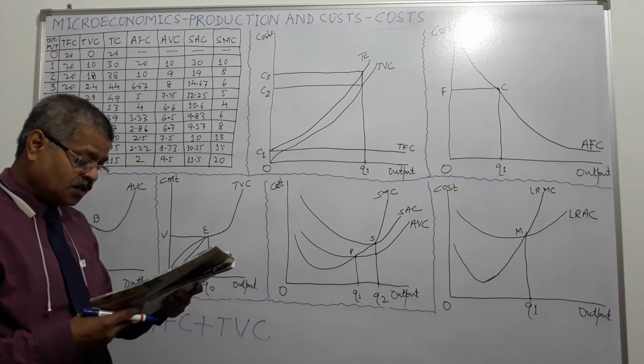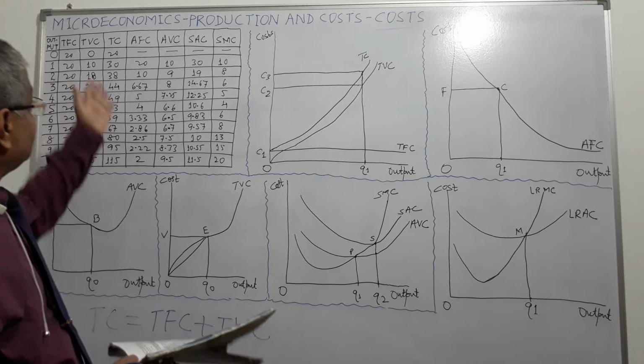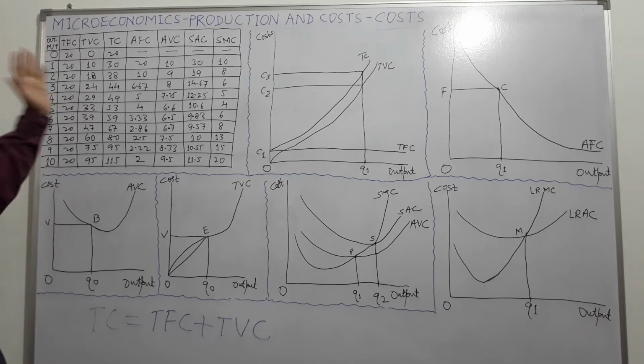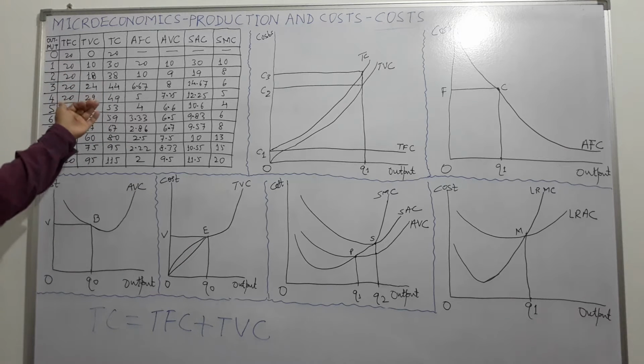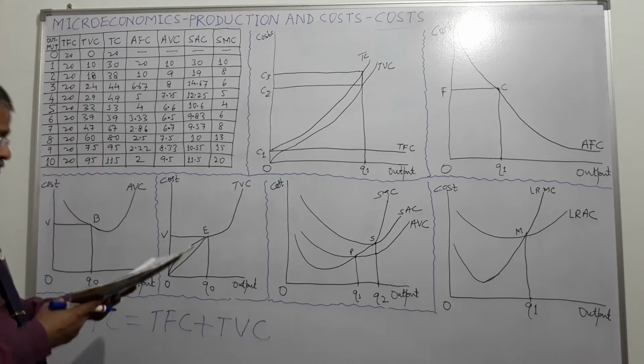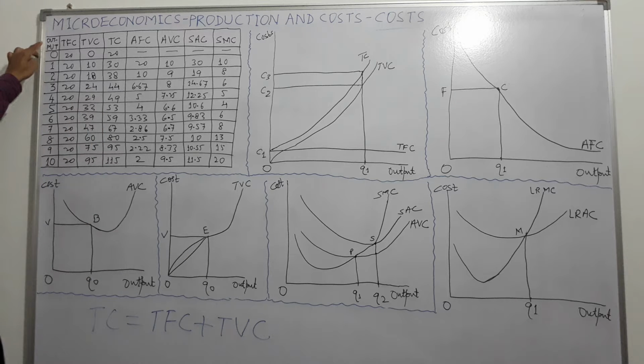Okay. Now we will go to this example. If you can understand this example, then everything becomes easy. Here you will find output 0 unit, 1 unit, 2 units, up to 10 units. Total fixed cost remains the same. I have spent 20 rupees in land, building, plant and machinery, technology. So whether I am producing 0 output or 10 output, it remains the same.